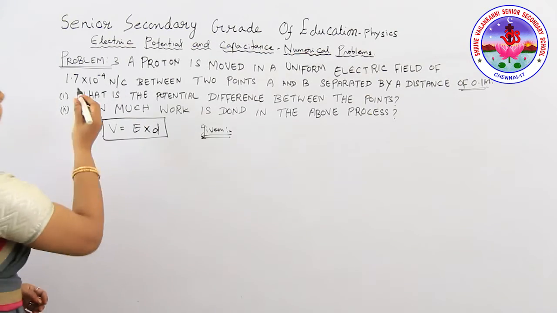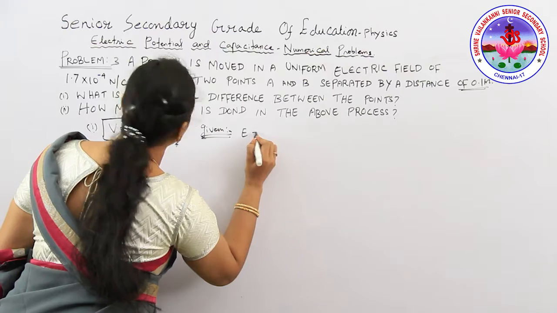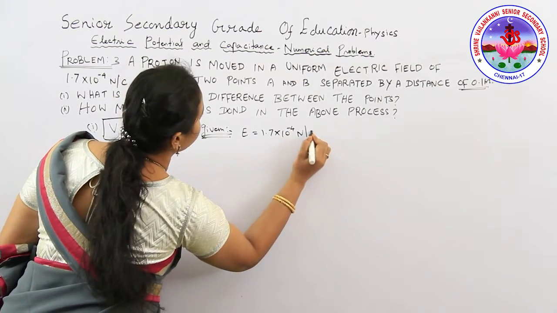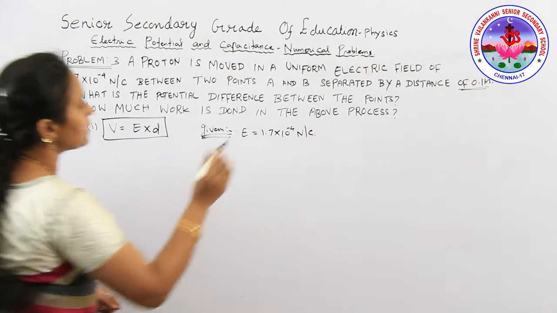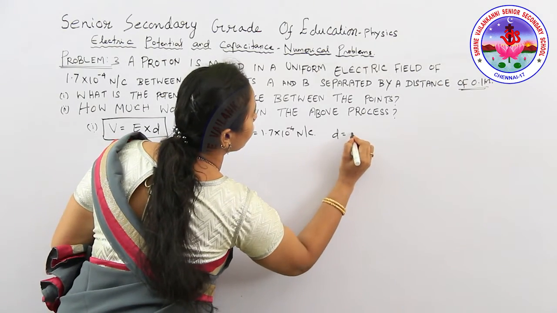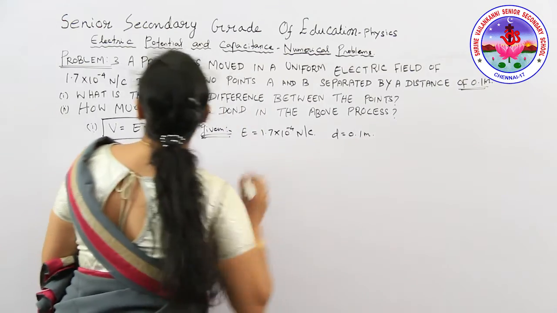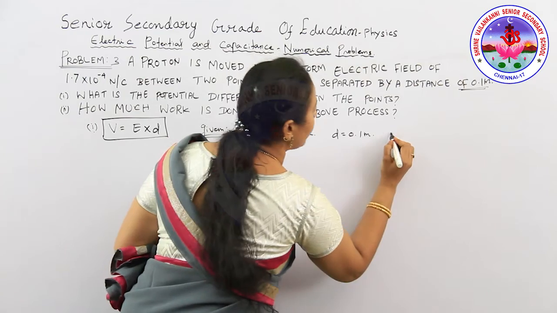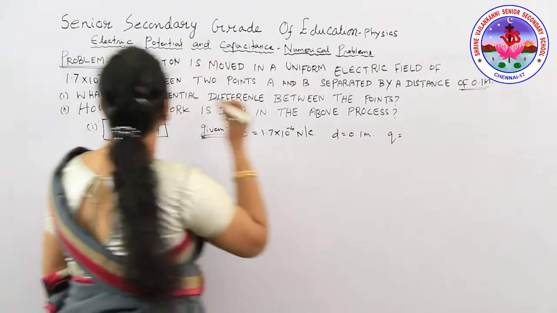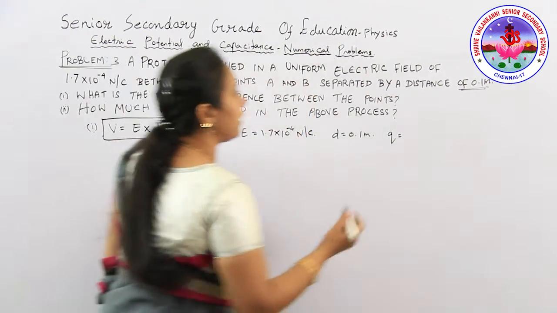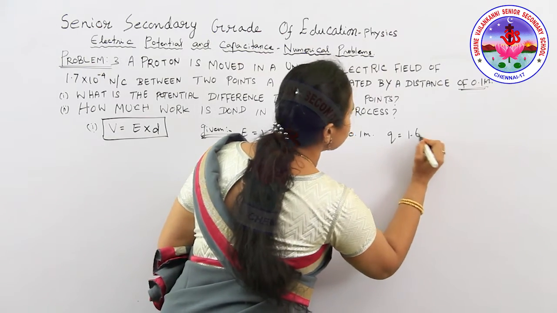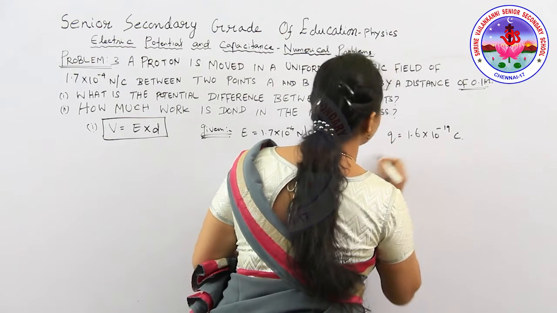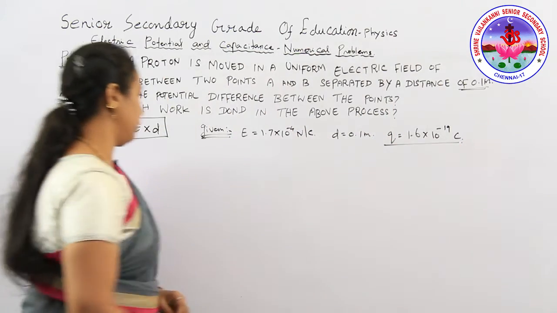They have given the electric field E equal to 1.7 into 10 power minus 4 Newton per coulomb, and the distance D equal to 0.1 meter. You must also know the charge of the proton which is moved. Protons are positively charged, so the charge Q is 1.6 into 10 power minus 19 coulomb.